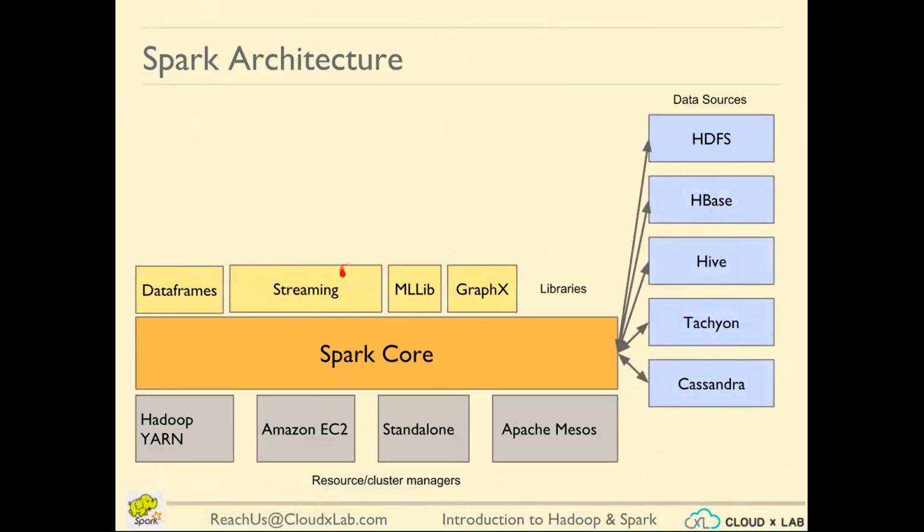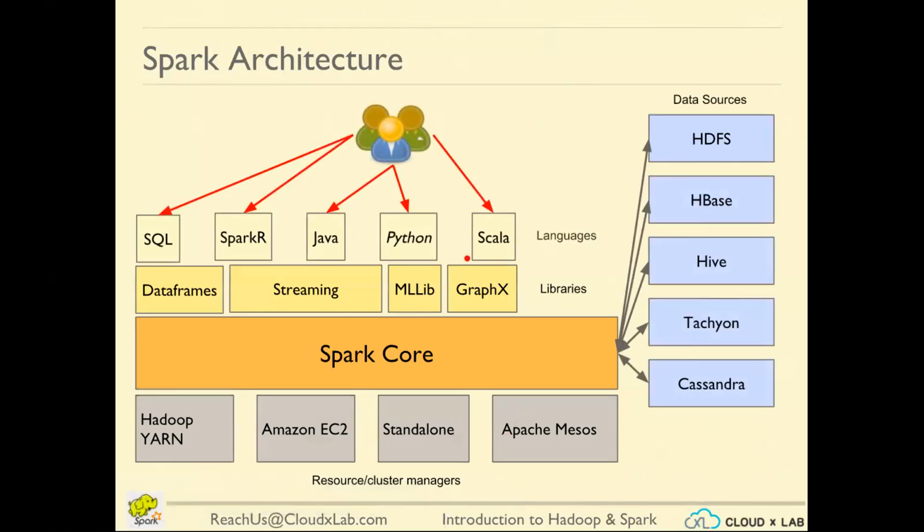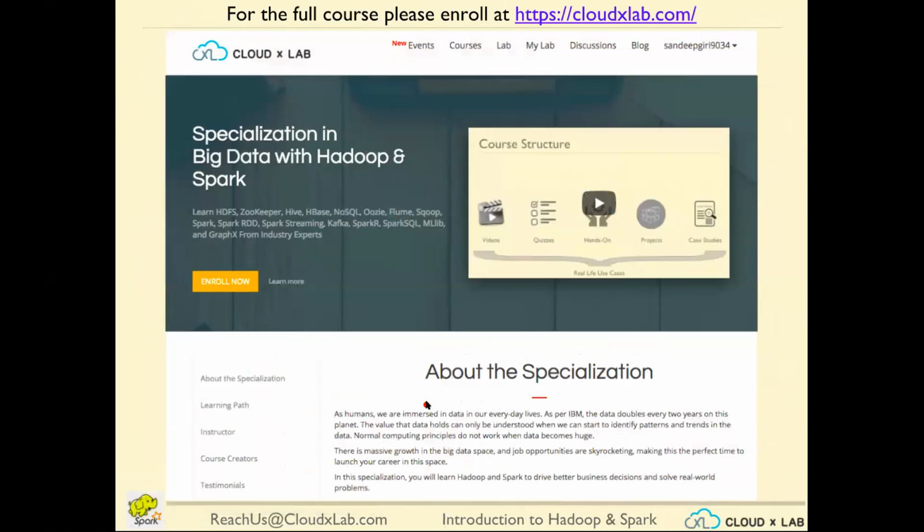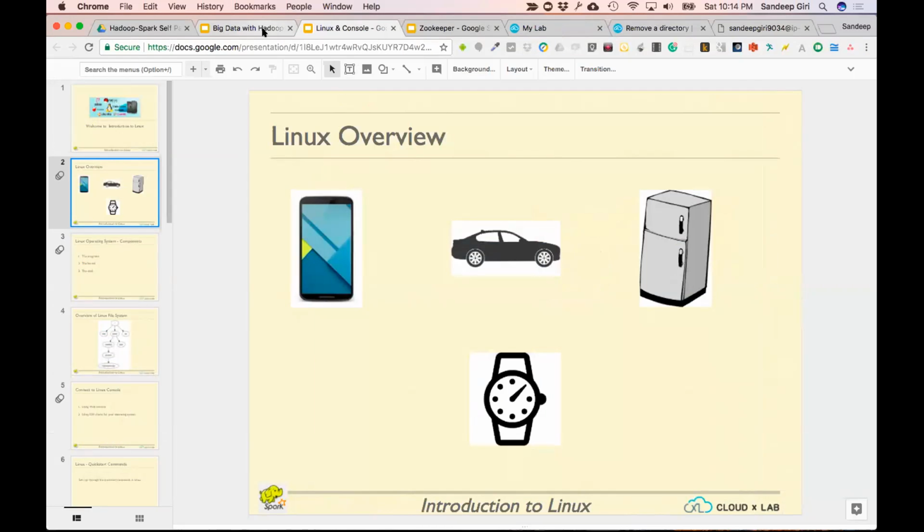These kinds of applications are very well done using these provided libraries. Also, we can access Spark using any of these languages, and we will be doing one example of each. So that's it about the basics of it.